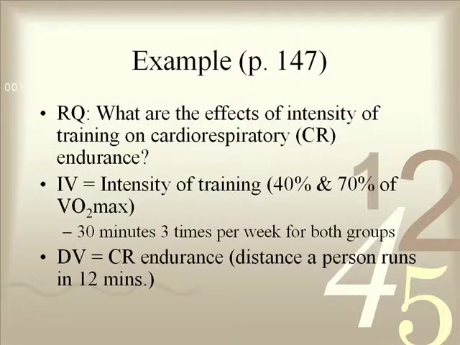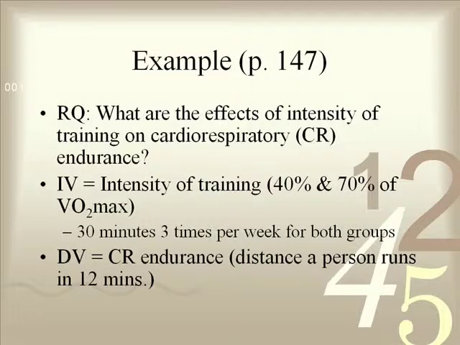Then our dependent variable is cardiorespiratory endurance, and that's going to be measured by the distance a person runs in 12 minutes. So at the end of the training for 30 minutes, 3 times per week for both groups, and I think we did this for a month. I don't remember what the book says off the top of my head, so we'll just say a month.